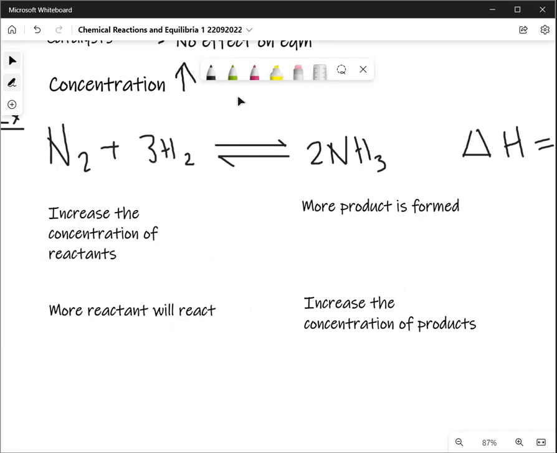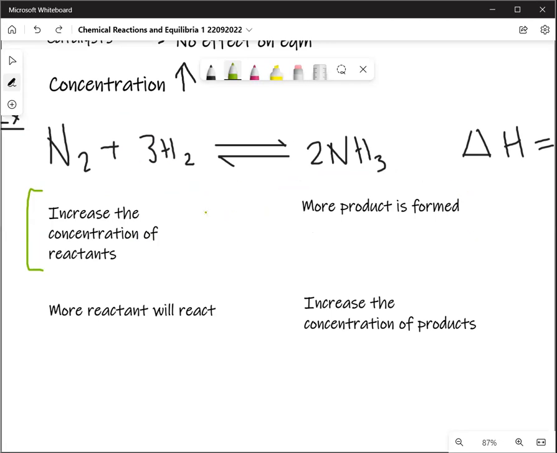Now, Niranjana, I want you to read this first. Start from here. Increase the concentration of reactants, more products is formed; increase the concentration of products, more reactants will react. Can I write it down? Not right now, just a second. Try to understand what's happening. If you increase the concentration of these, suddenly you have more of the reactants, so now more product will form.